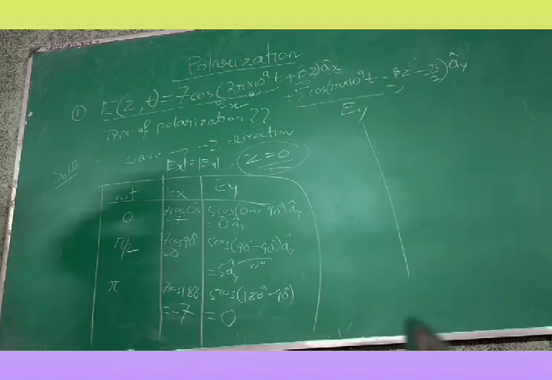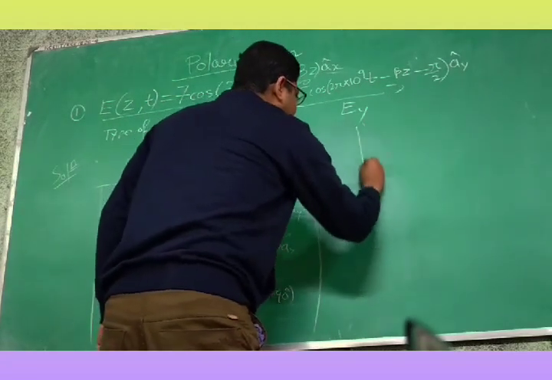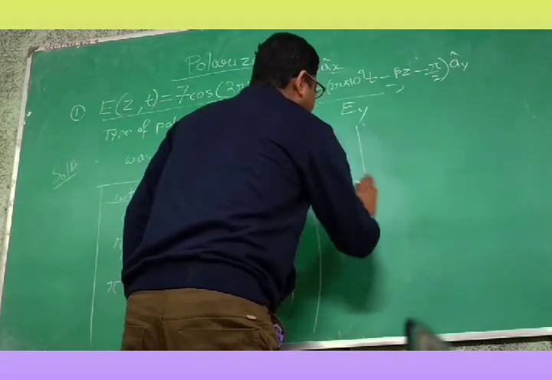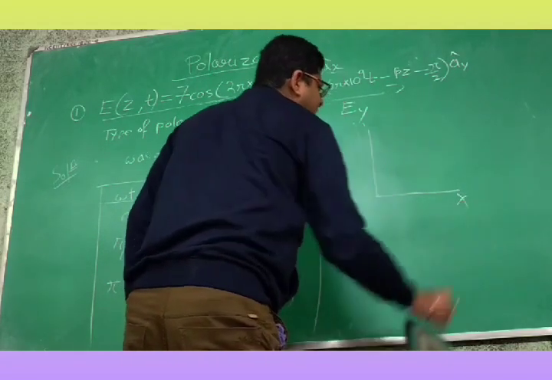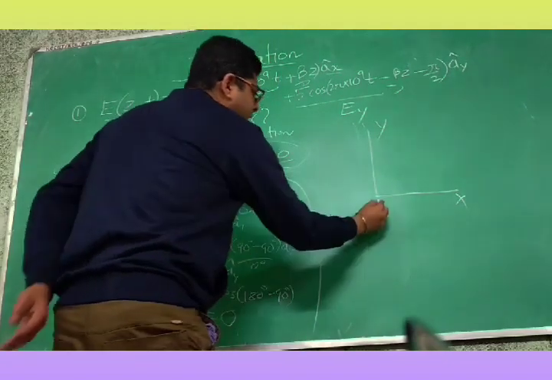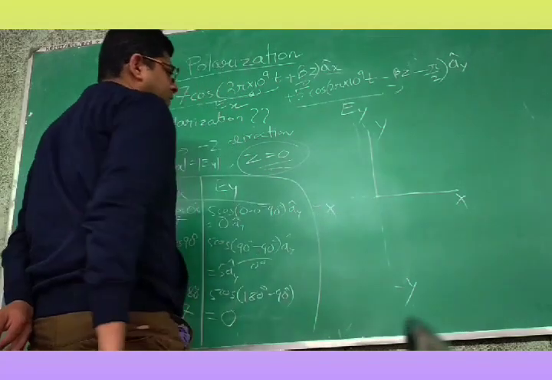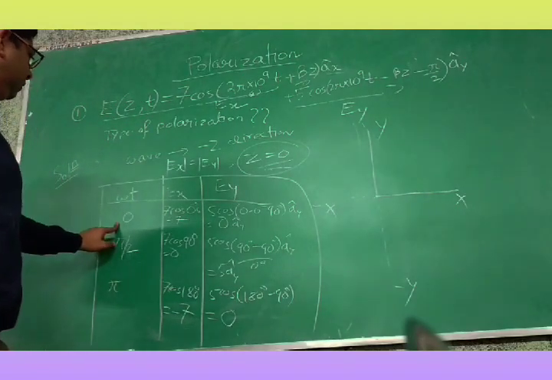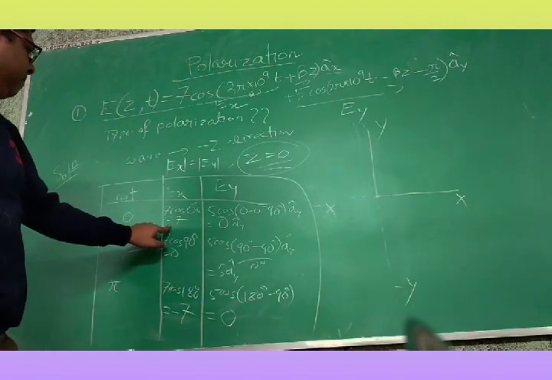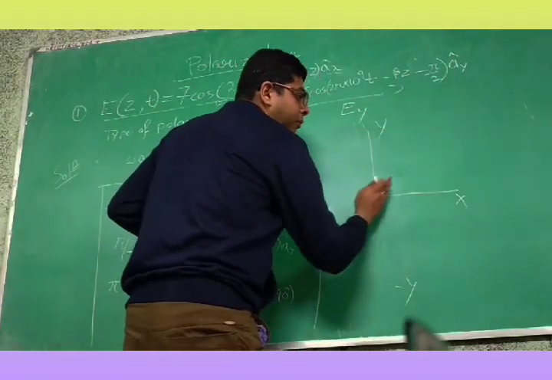So now let us try to plot. Say this is our x, this is our y, this is minus y, this is minus x. Fine. At omega t equal to 0, we are seeing that Ex is 7 and Ey is 0. That means only the x component will be present.